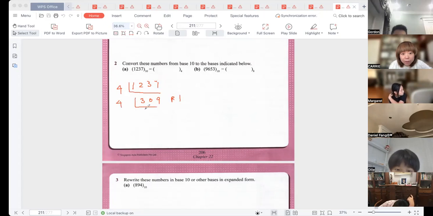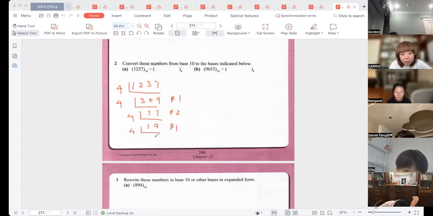Okay, so divided by 4, 7, and the remainder 2, and 4, 1, and 37, 9, and the remainder 1, and 4, and remainder 3, and 4, and 1, and the remainder 0。千万记得哦，when the remainder is 4 you have to continue.